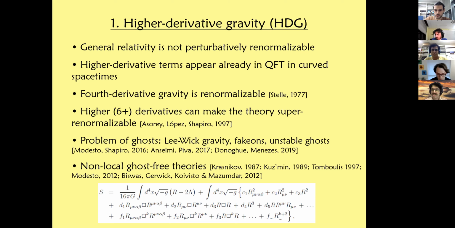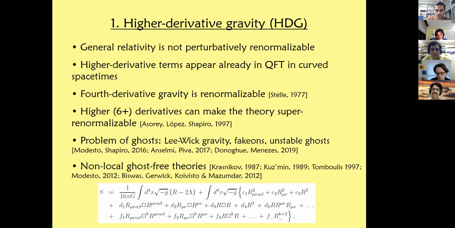Of course, as has already been discussed a lot in this conference, higher derivatives bring the problem of ghosts, and this still needs a definite answer: how to deal with the ghosts, how to live with them, or how to make them safe. There are many proposals in these directions.